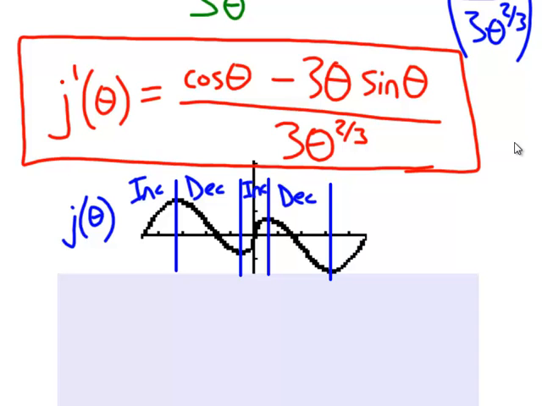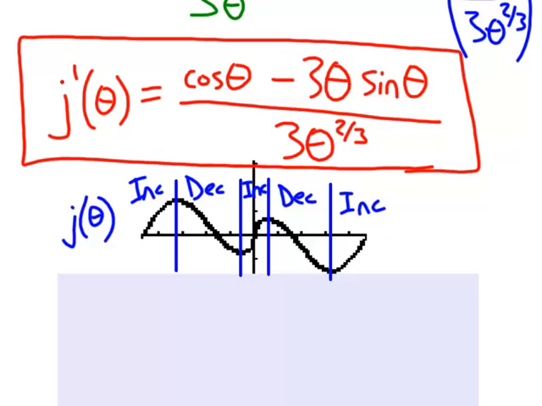Increasing, decreasing, increasing. And think of what that means from a calculus point of view. Think of what we'd expect for the derivatives. Wouldn't we expect the derivative to be positive here during the increasing sections? And wouldn't the derivative be negative for the decreasing sections, the downhill sections?